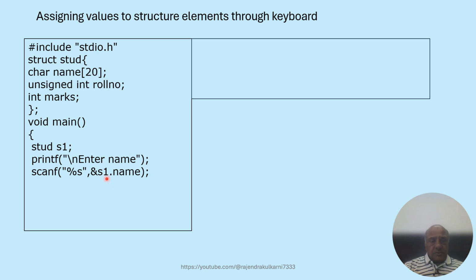By first mentioning the variable of structure stud, which is s1 here, then there is a dot, and then the name of the individual element of the structure stud.